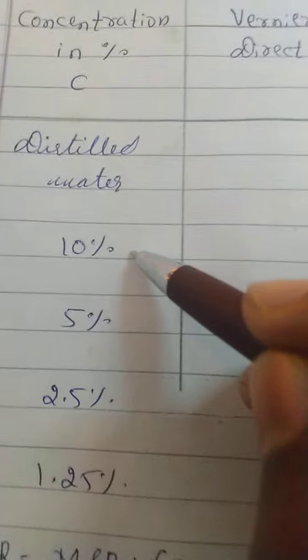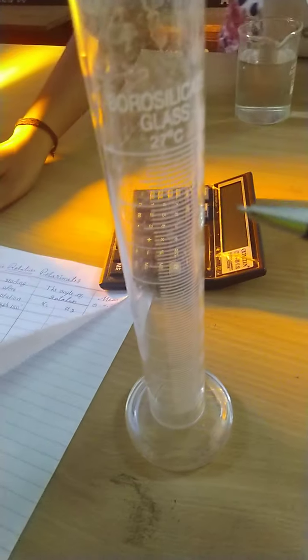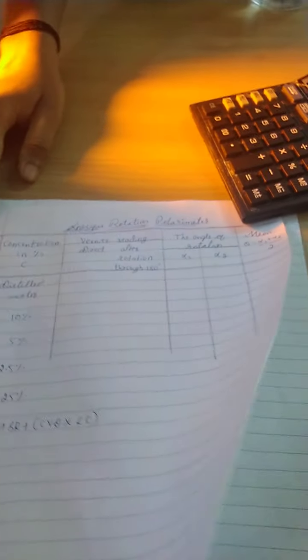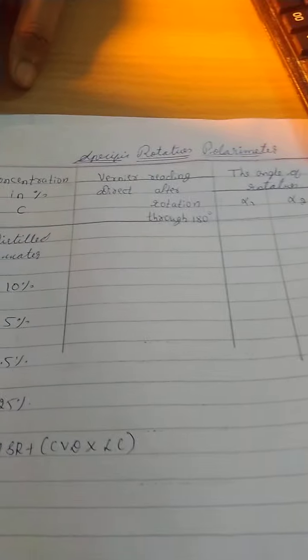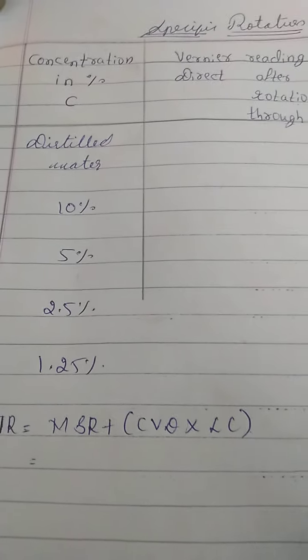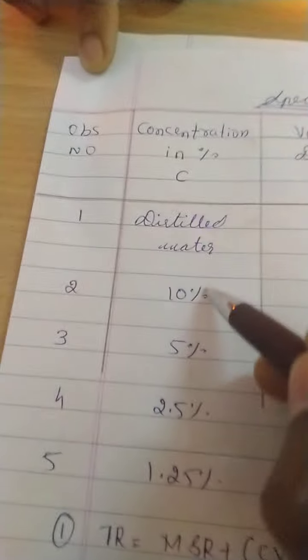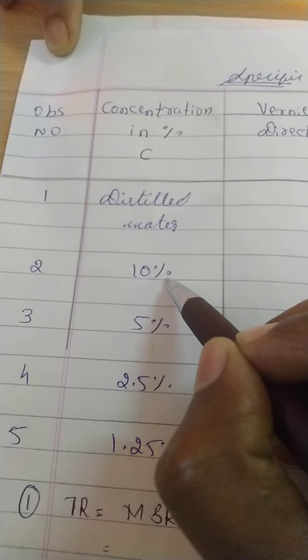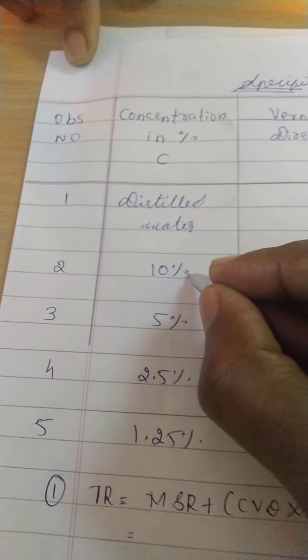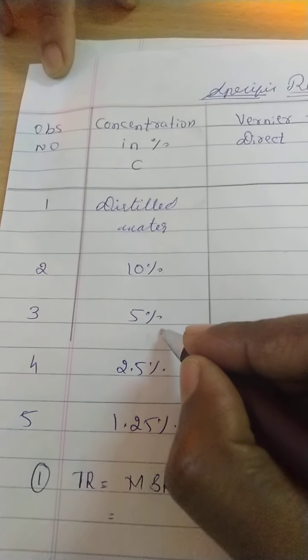For the 10% concentration, we have to weigh 10 grams of sugar and measure 100 ml of water. We dissolve the complete sugar in the 100 ml of water and we will get the 10% solution. Similarly for the 5% solution, take 50% of that 10% solution and add 50 ml of water. Then you will get the 5% concentration.